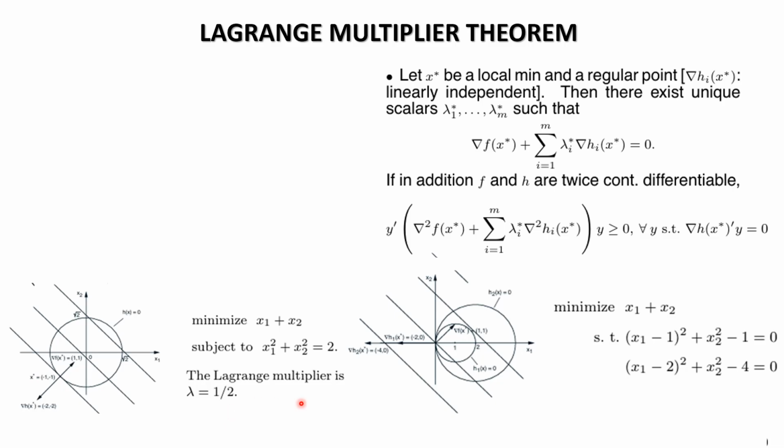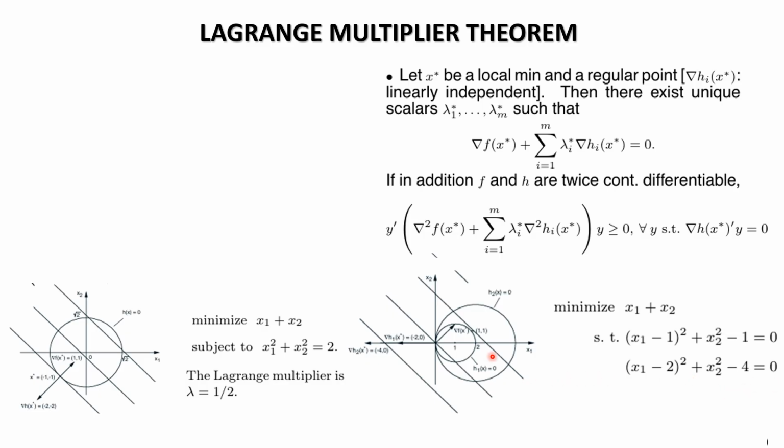For the second graphical example, on the right, a similar visual is shown for minimizing x1 plus x2 subject to h1 of x equal to x1 minus 1 squared plus x2 squared minus 1 equal to 0, and h2 of x equal to x1 minus 2 squared plus x2 squared minus 4 equal to 0.